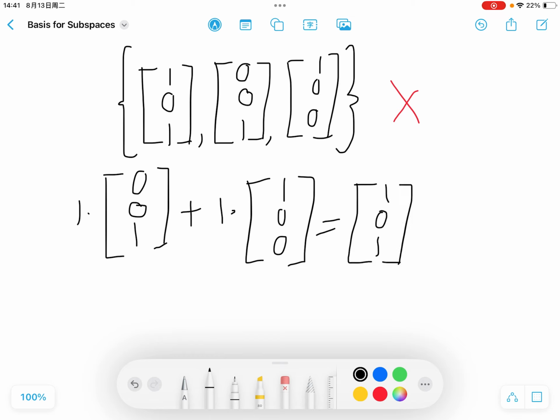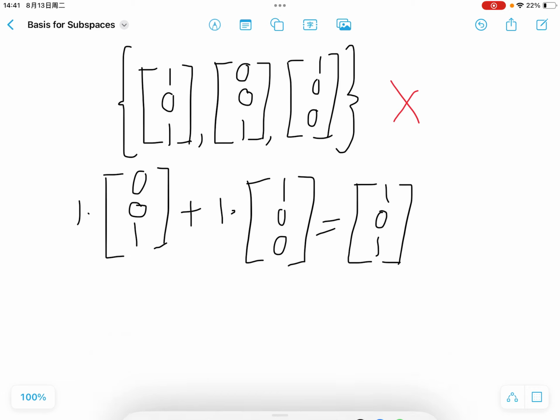So one vector here, (1, 0, 1), can be given by the linear combination of the other two vectors. This means that the resulting span is going to be a 2D plane, not a 3D coordinate system. So this doesn't even span R3, so there's no way for this to be a basis for R3.